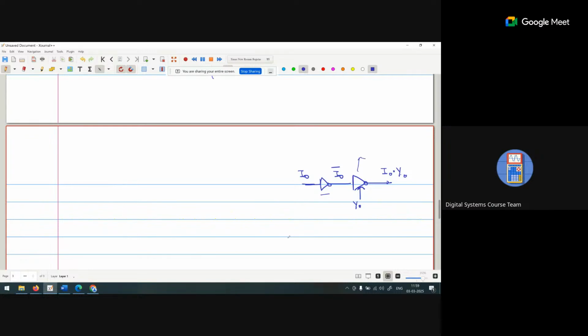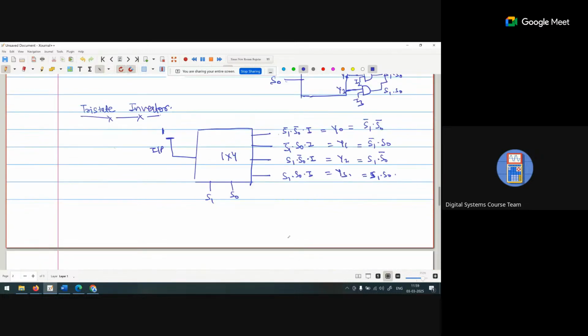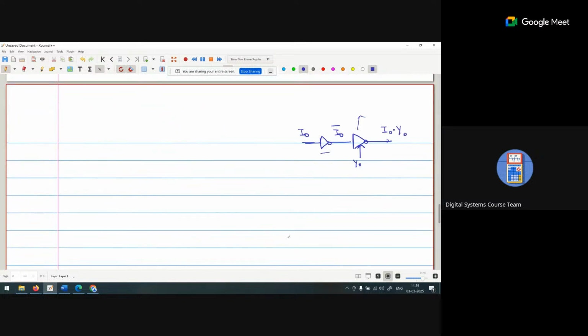That tri-state inverter operation will be dependent on the select lines S0 and S1. So this S1 bar S0 bar, I just mention as I0, with Y0. S1 bar S0 is Y1, S1 S0 bar is Y2, and S1 S0 is Y3.